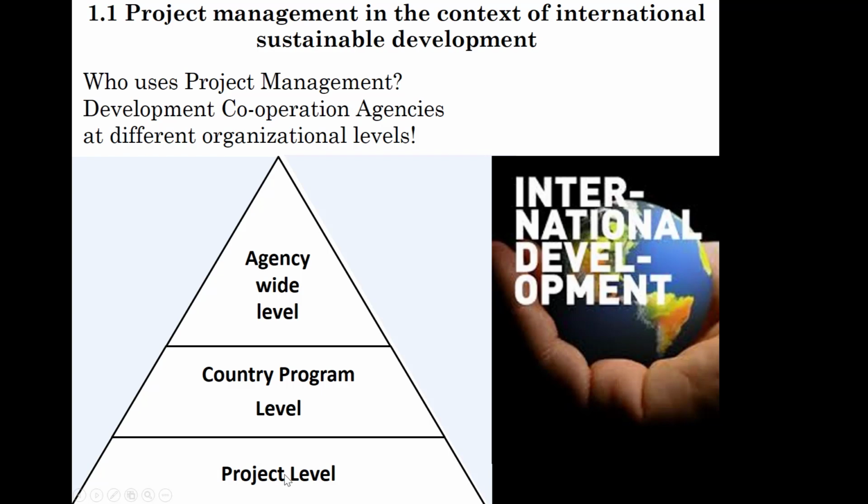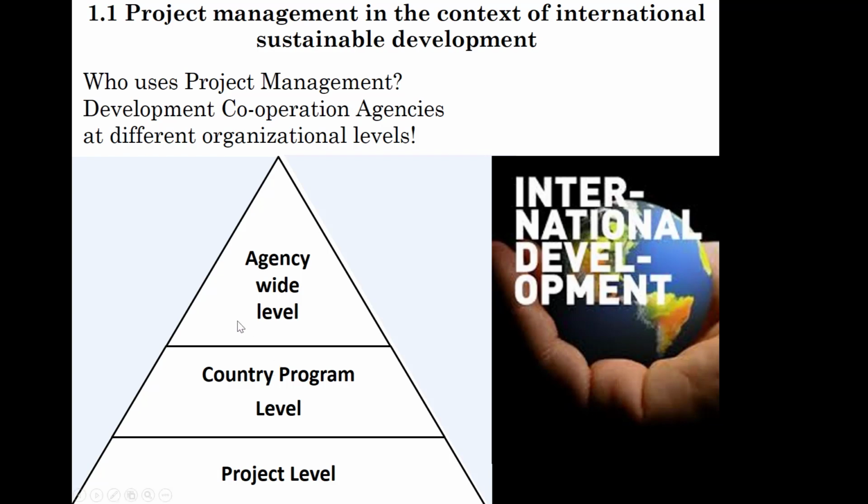The second level at which these agencies work is the country level program, with performance measurement and management systems within their country offices or operating units. So any of these agencies have country offices spread all over the world.